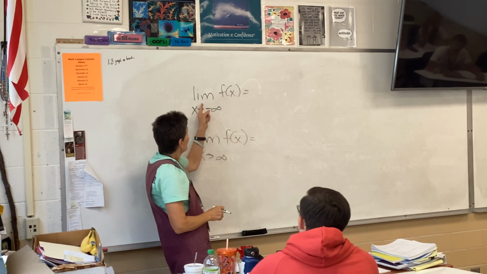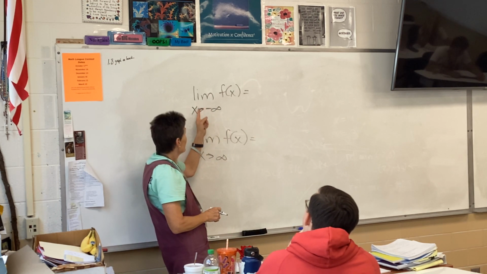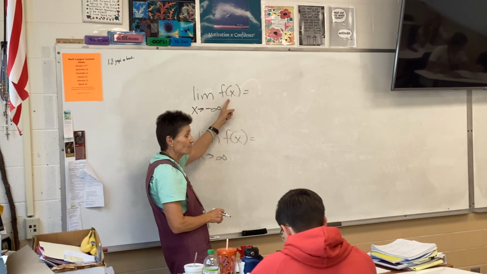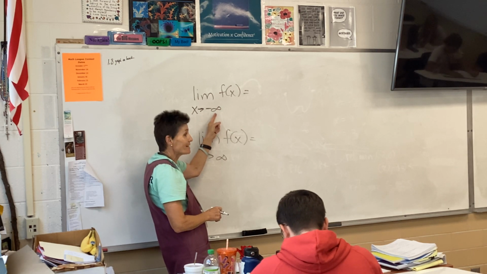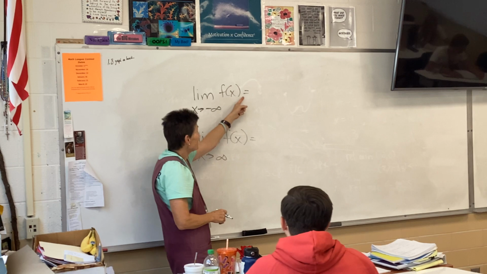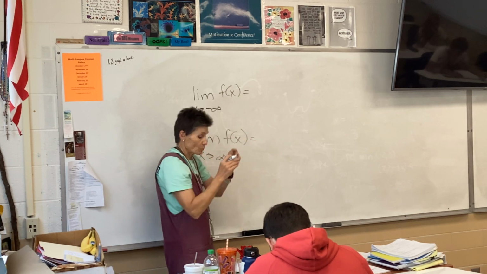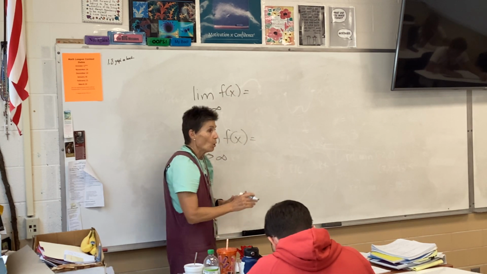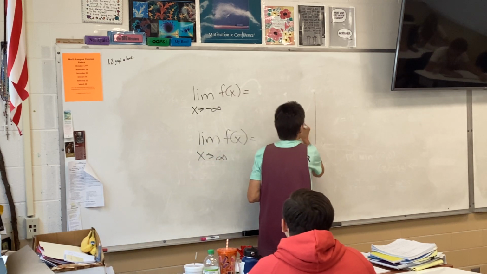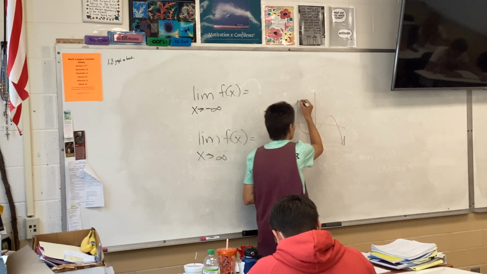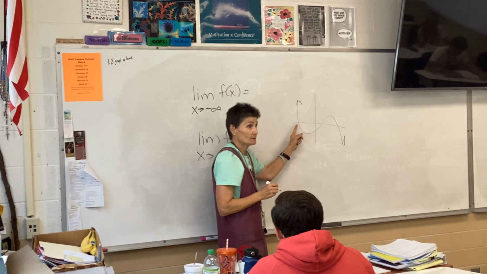This says the limit of the function as x approaches negative infinity is what? So take a look at that picture. Where is x approaching negative infinity? Over here, right?